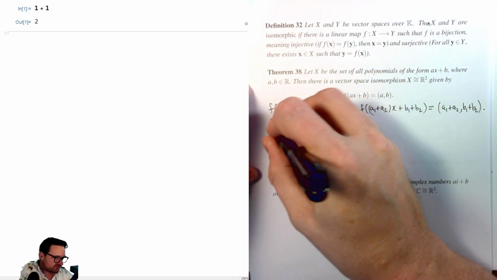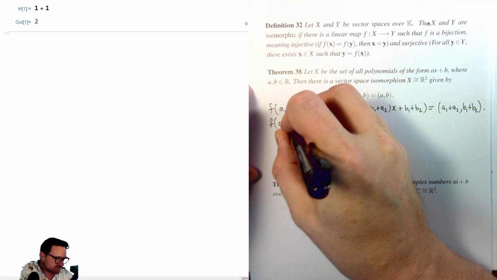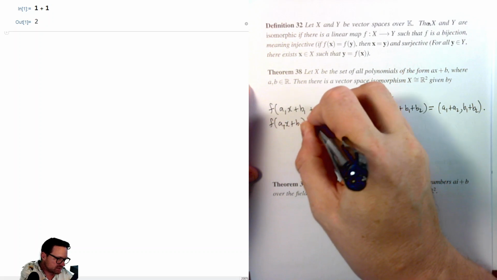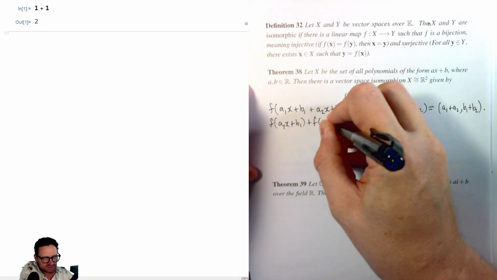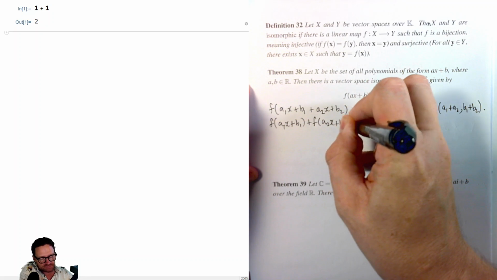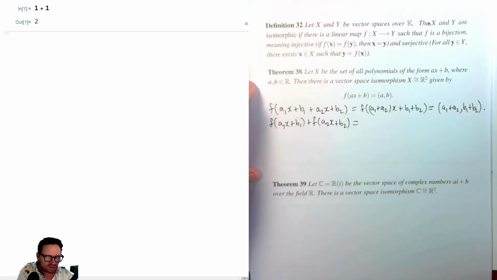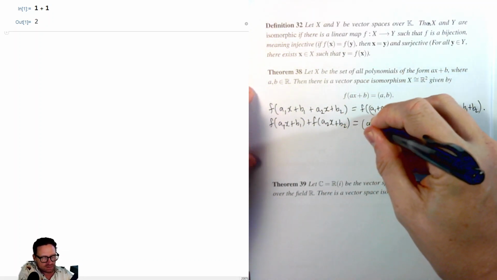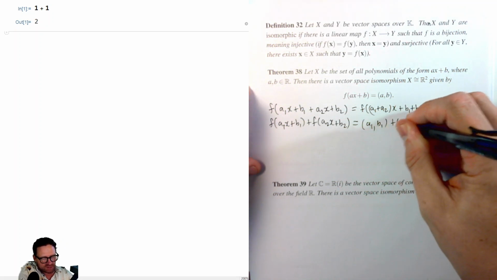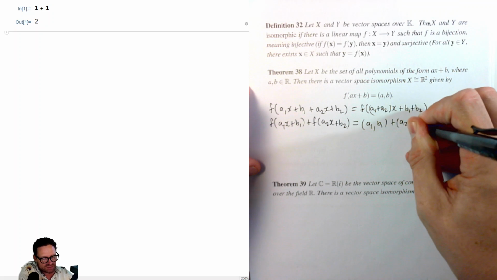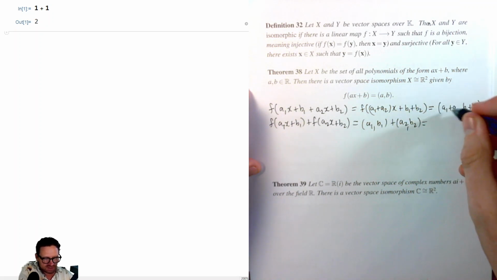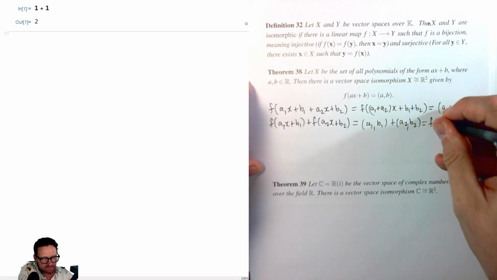Okay, now f of a1x plus b1 plus f of a2x plus b2 is (a1, b1) plus (a2, b2), which is the same as we have here.